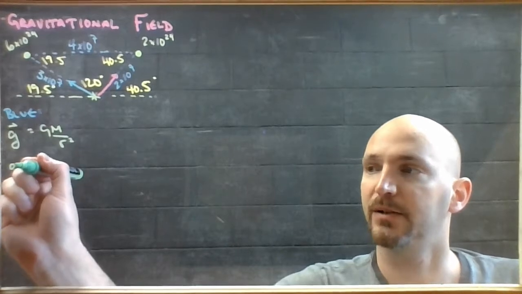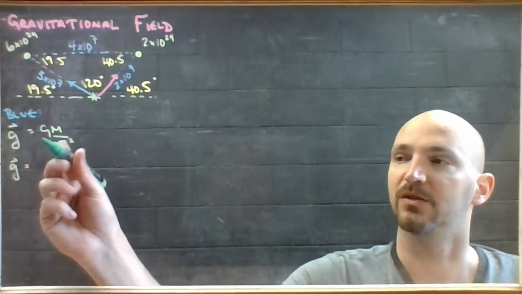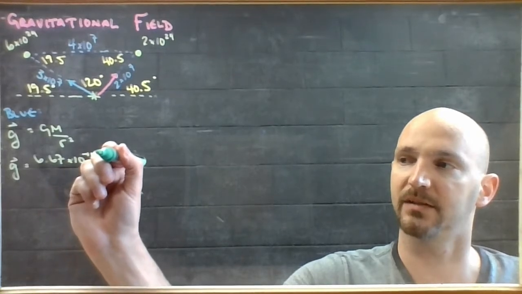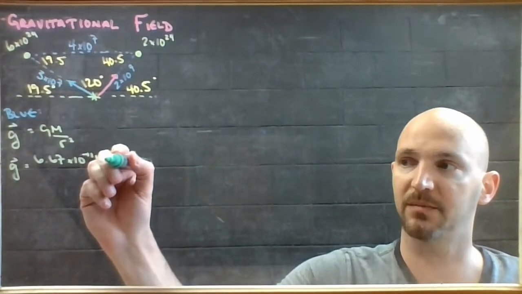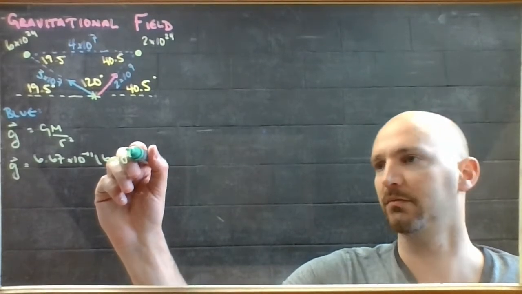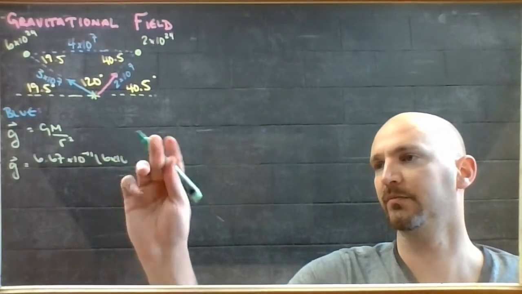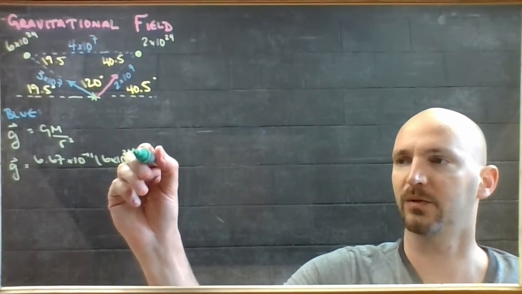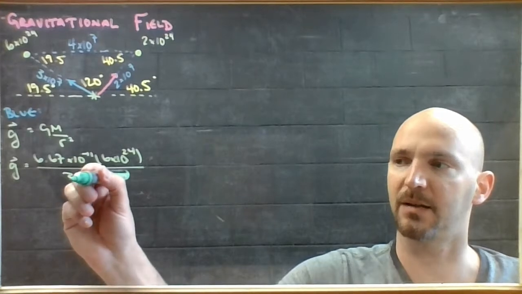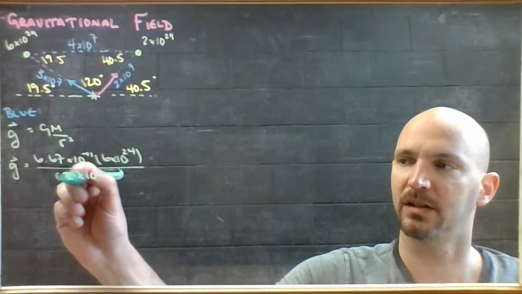If I work that out, G is 6.67 times 10 to the negative 11. And the mass attracting me is 6 times 10 to the 24. And my distance from there is 3 times 10 to the 7 squared.